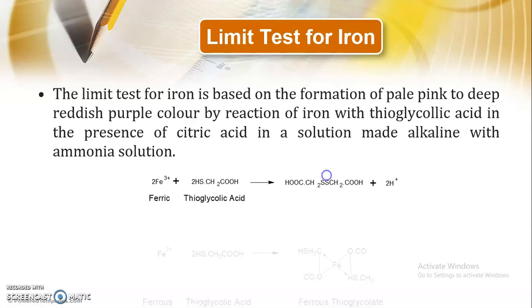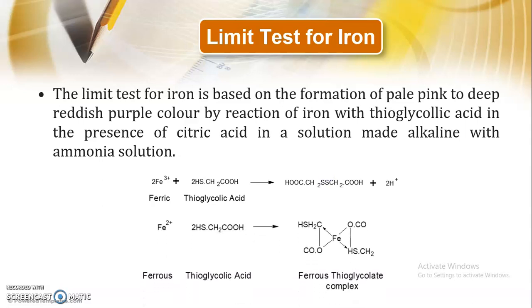Next, this ferrous form that is formed in the earlier step once again reacts with thioglycolic acid. Thioglycolic acid is nothing but SHCH2COOH, where one of the hydrogens of acetic acid is replaced with SH.